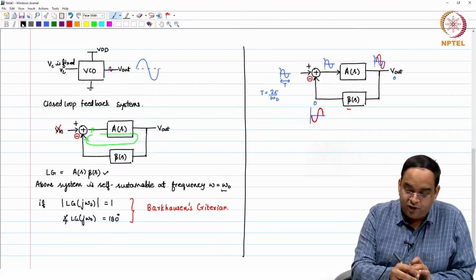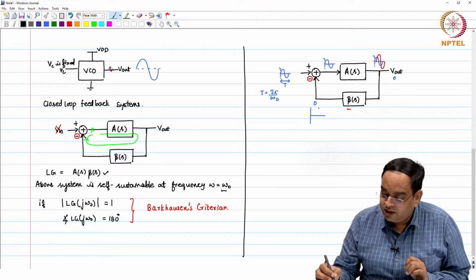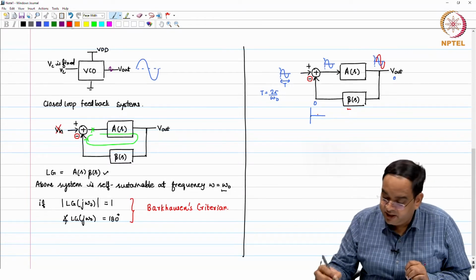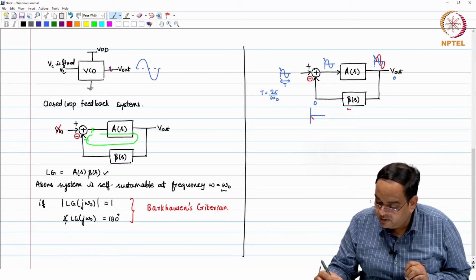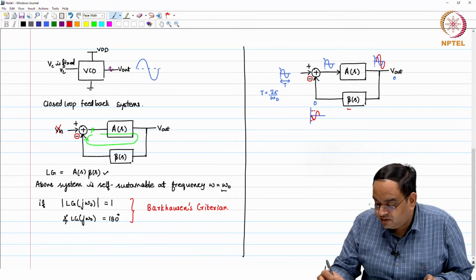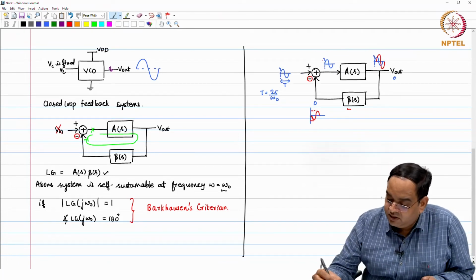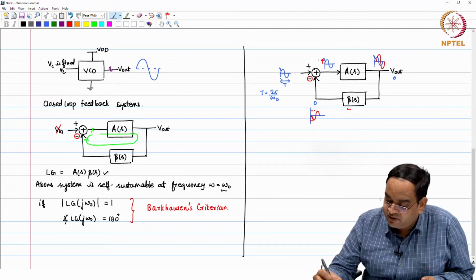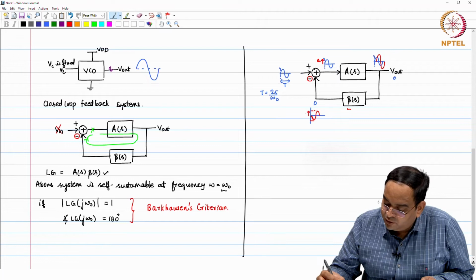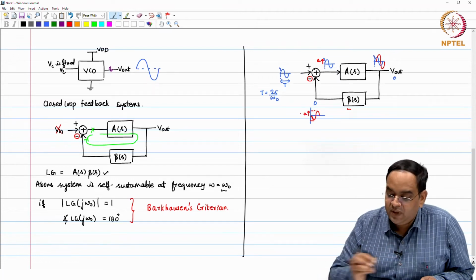The reason is the following. Let me do it with the same amplitude, so that if this amplitude is small a, then this amplitude is also small a.